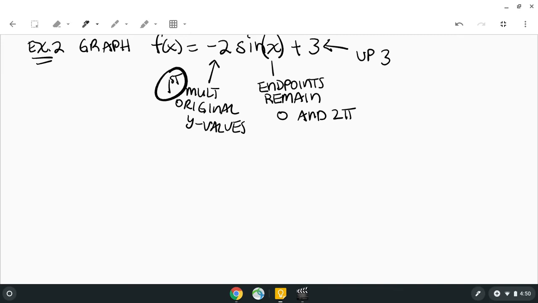And then you can shift up or down, because if you shift up or down first, then you lose track of your original y values, right? Because now your points have moved.